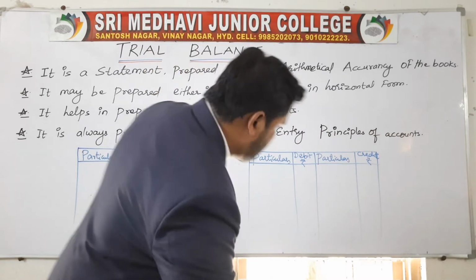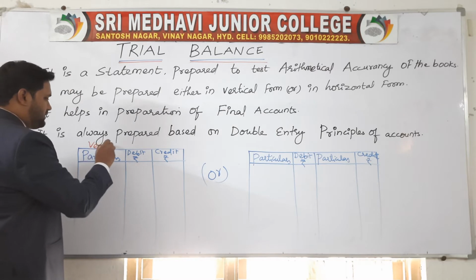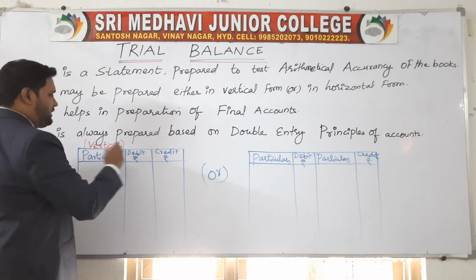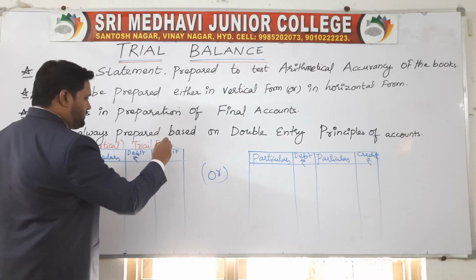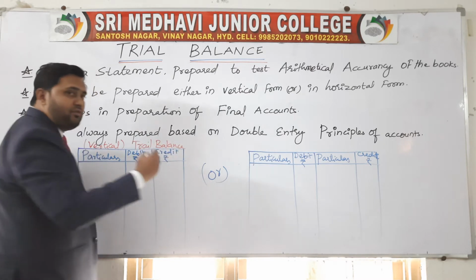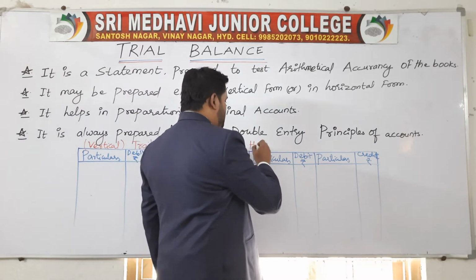This is the horizontal form. This is the vertical trial balance, whereas this is the horizontal form of trial balance.